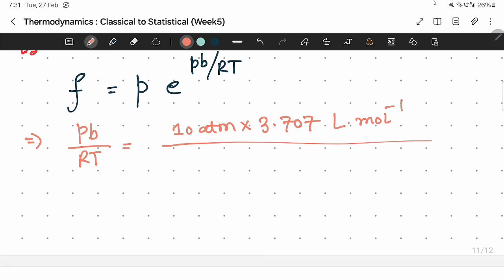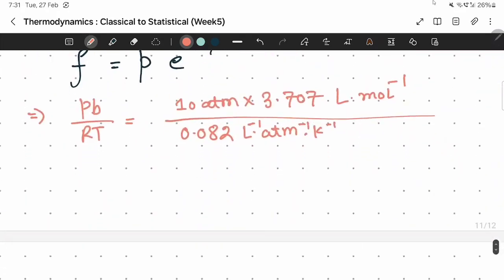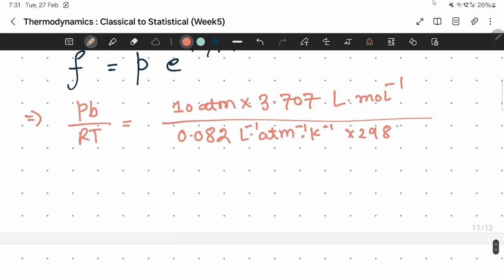It's liter atm, so 0.082 liter atm per mole Kelvin. And T is 25 degrees centigrade, equals 298 Kelvin. Yes, this is the formula.